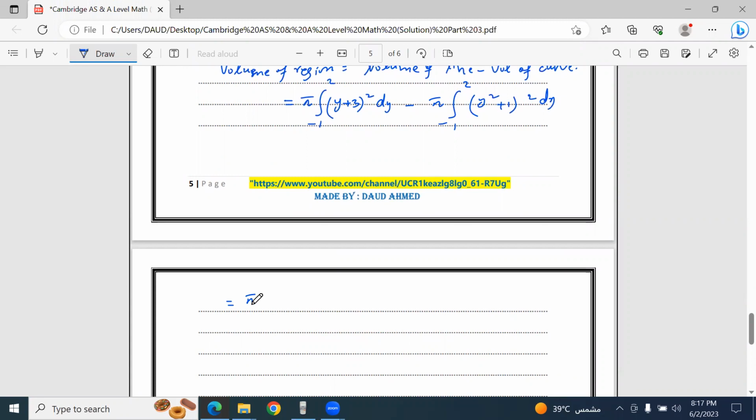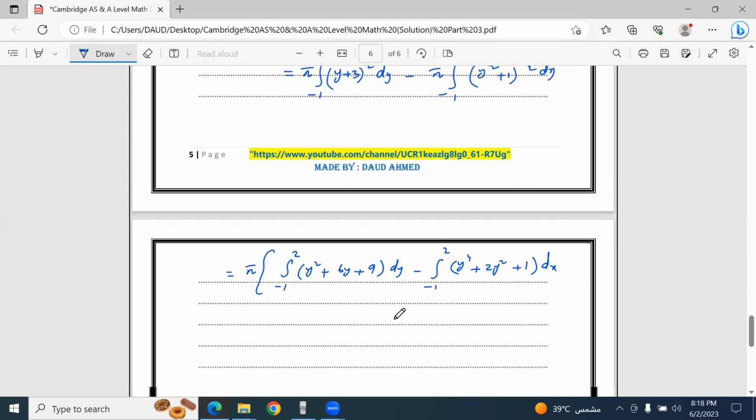So if I take pi outside, the integration from -1 to 2 of y square plus 6y plus 9 gives the first expansion, and the second is -1 to 2, y power 4 plus 2y squared plus 1. This is the expansion of the second.